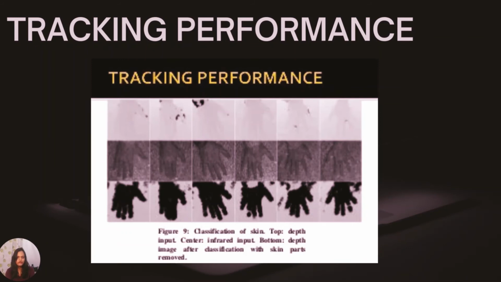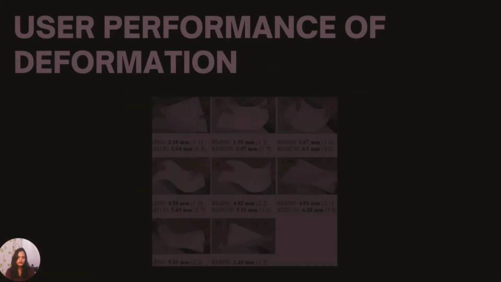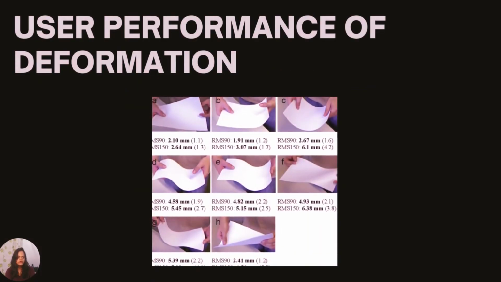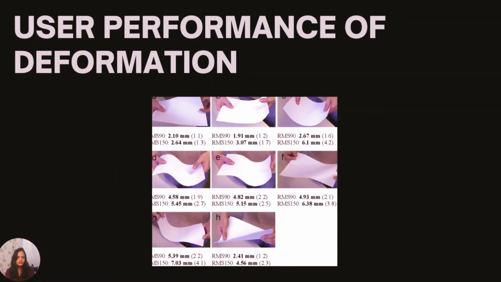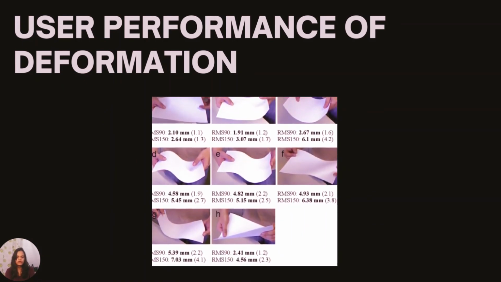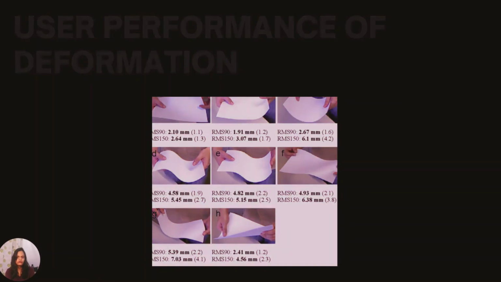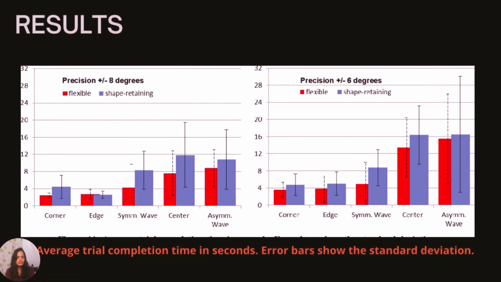This is what tracking performance looks like. Now coming to the user performance of deformation, you can see in the figure. Next are the results, where average trial completion time is given in seconds and the error bar shows the standard deviation.